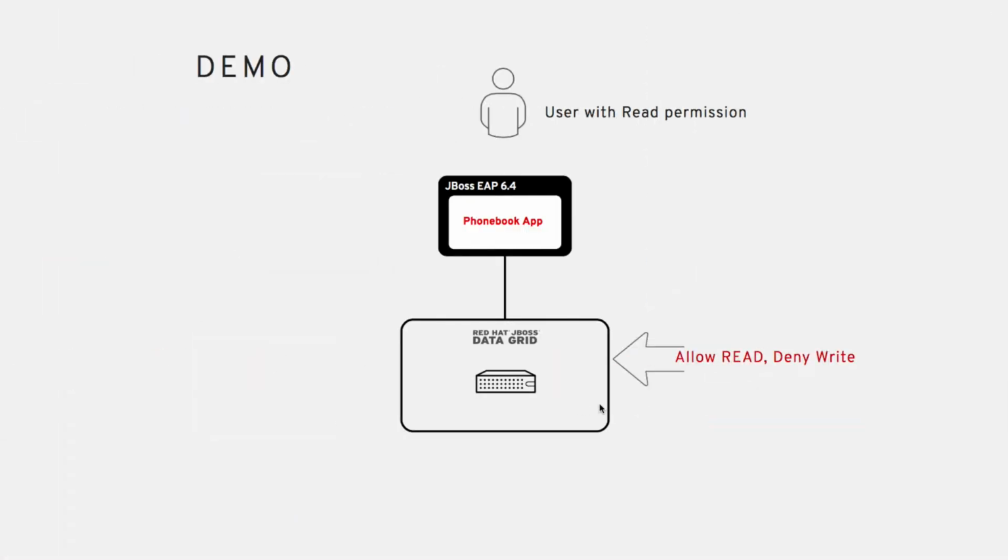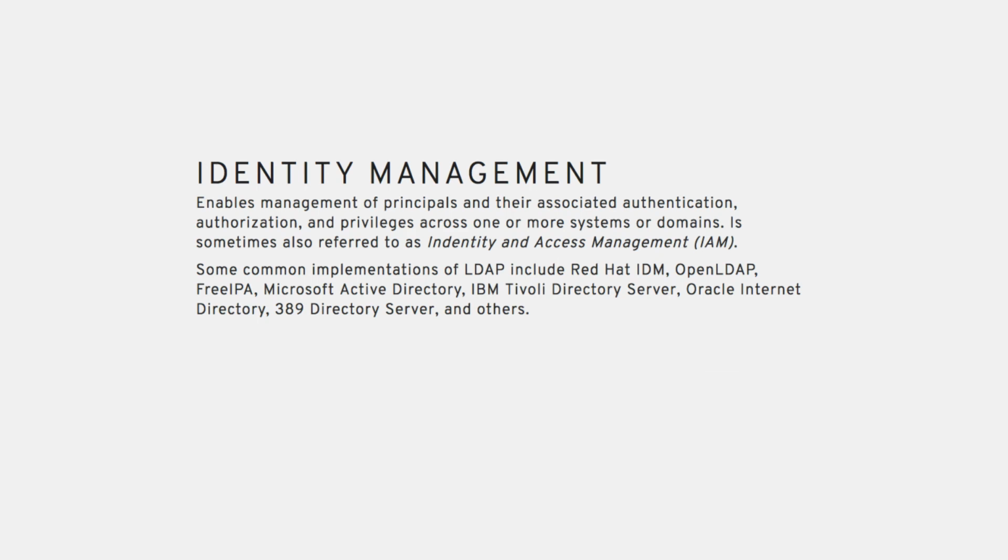So far, all the authentication happens inside JBoss Data Grid, but in many cases you want to avoid storing users locally and instead store them centrally. That's called identity management. Identity management enables management of principals and their associated authentication, authorization and privileges across one or more systems or domains. It's sometimes also referred to as identity and access management.